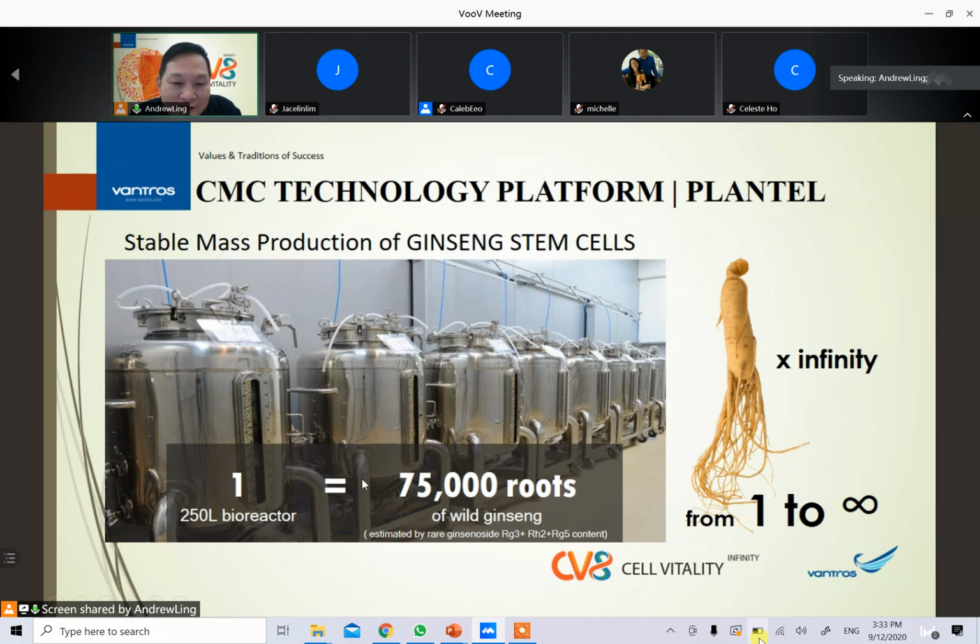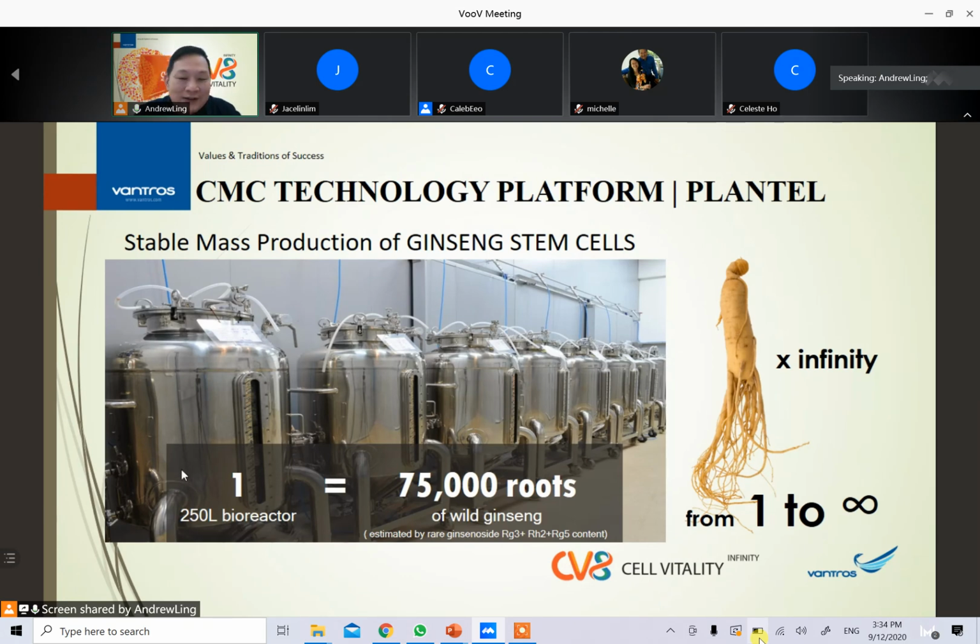One bioreactor, which is about 250 liters, if you put wild Korean ginseng inside, can produce about 75,000 roots of wild ginseng. This is estimated based on the ginsenoside that is produced inside. Because of this technology, it provides a revolution for the production line.